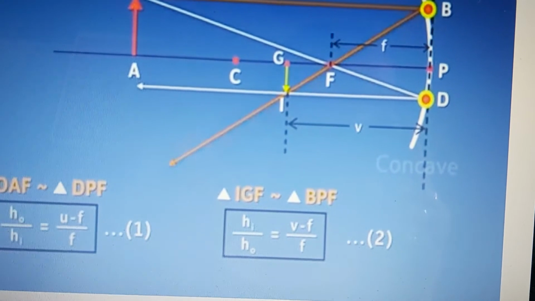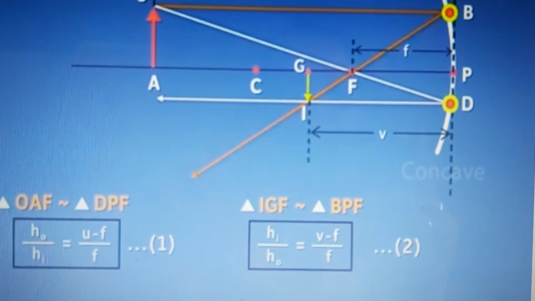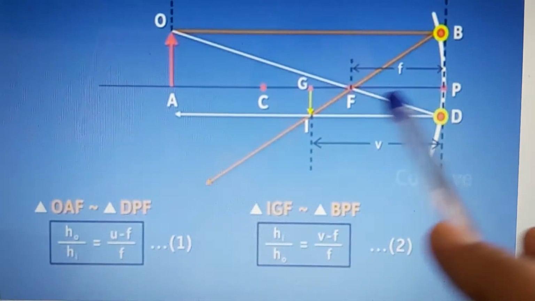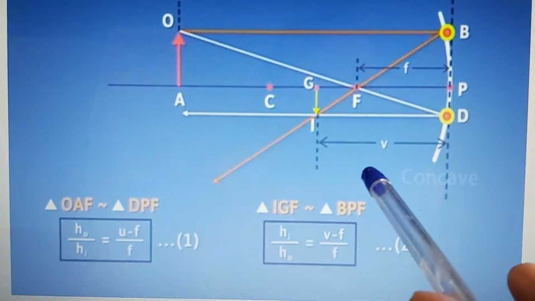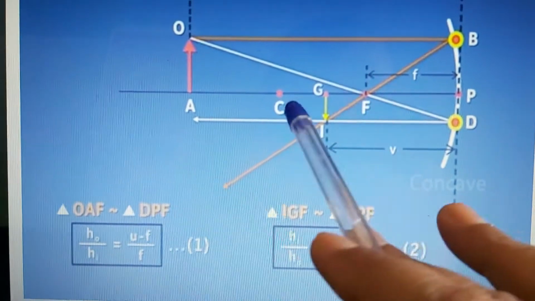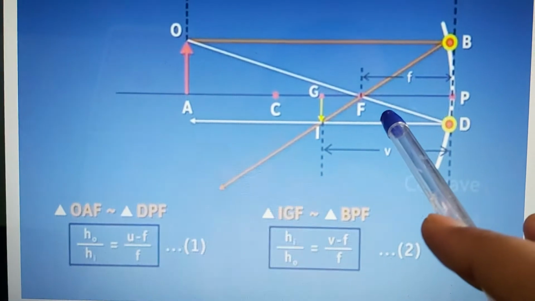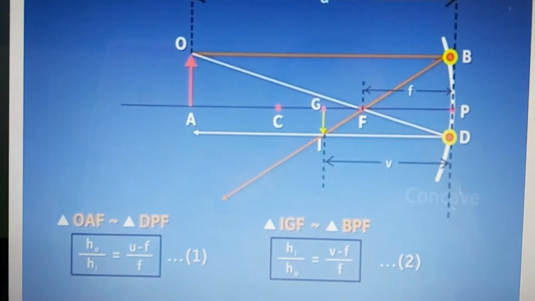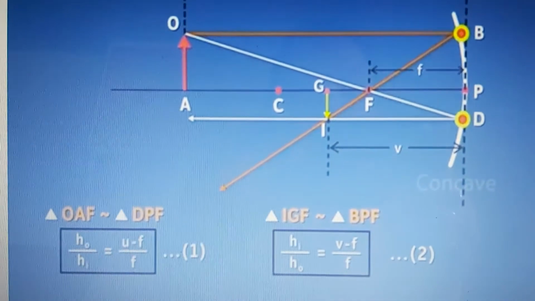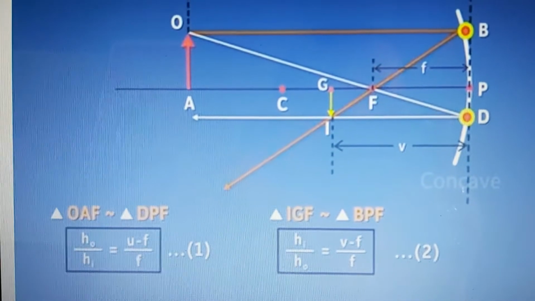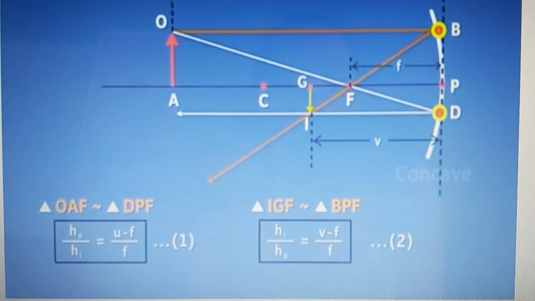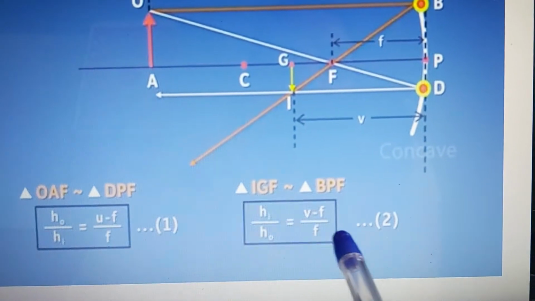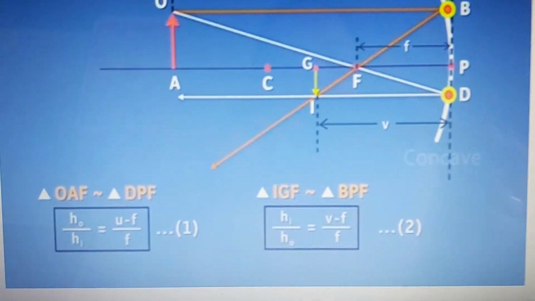Let this be equation 2. So HI over HO is equal to V minus F over F. So this is equation number 2.